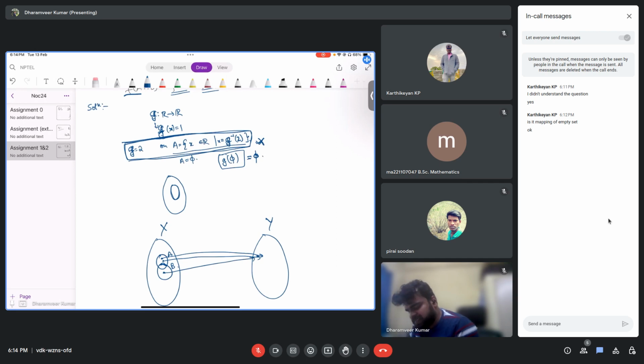We can do something like that. So f of A will be at some place a little smaller.